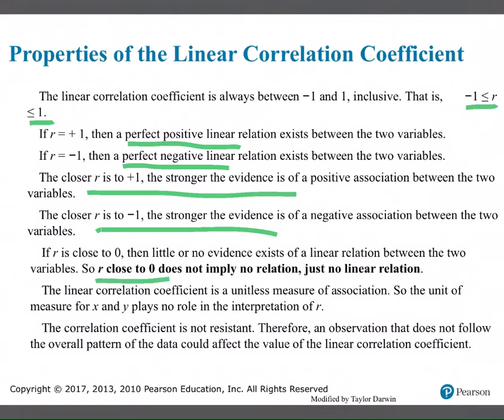The closer it gets to 0, the more spread out it gets, and the more we can look at this and say, well, maybe they have no relationship with each other. So anytime you represent R, you don't have to put a unit with it. It's unitless. And the correlation coefficient is not resistant.